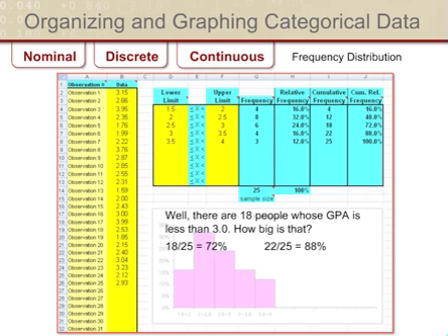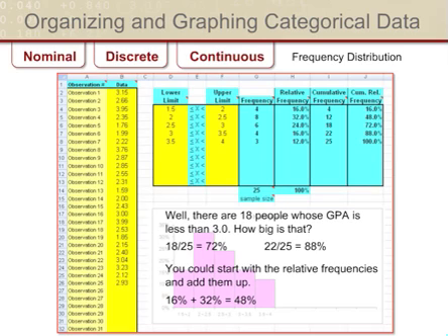You could do it a different way if you had to do it manually. You could start with the relative frequencies and add them up. 16% plus 32% equals 48%, which is the value in the second row. 16 plus 32 plus 24 is 72%, which is the value in the next row. So you can either take the relative frequencies and add them up, accumulate them, or you can take the cumulative frequencies and compute the relative frequencies of them.